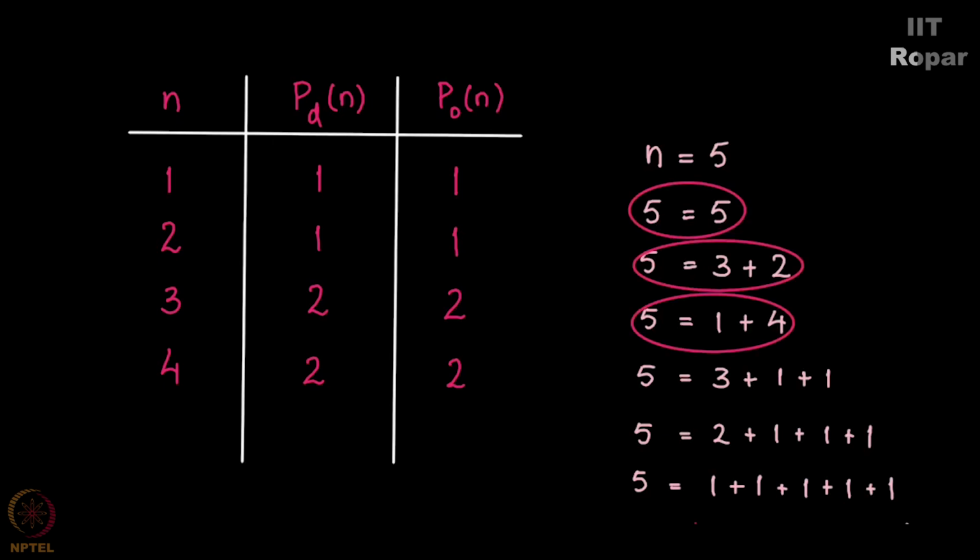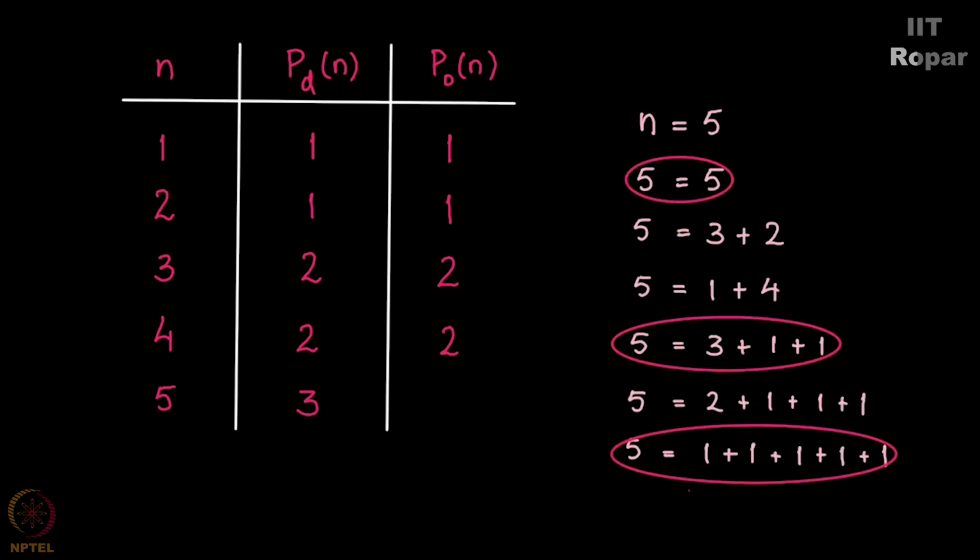Now, observe these partitions in circle. For n equals 5, they are the distinct partitions. So PD of 5 is 3. Observe these partitions: 5, 3 plus 1 plus 1, and all ones. Yes, they are the odd partitions. So for PO of 5, it is 3.